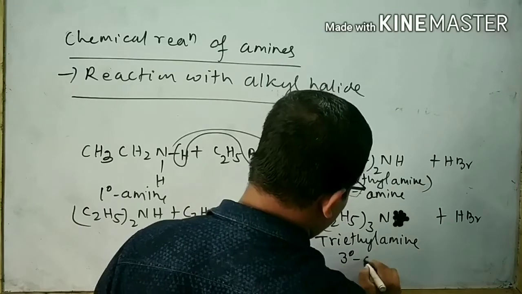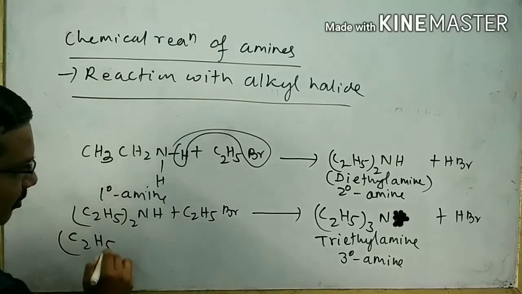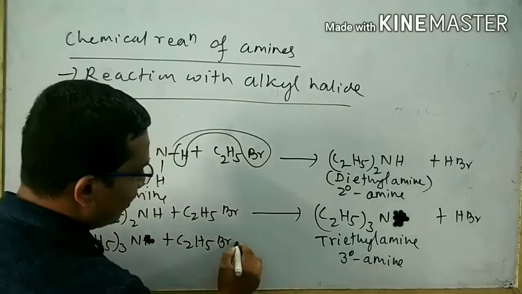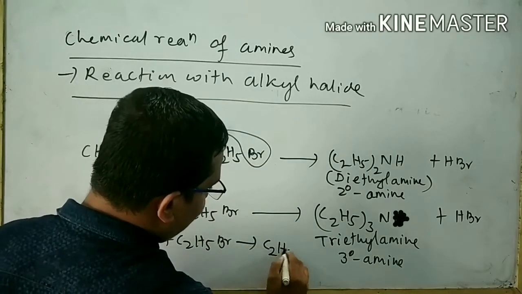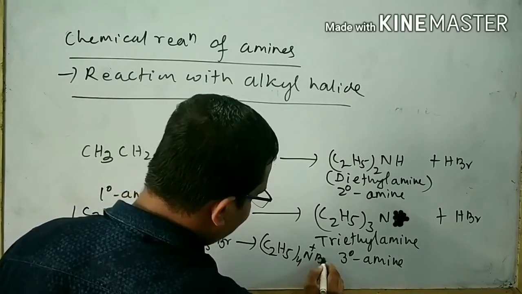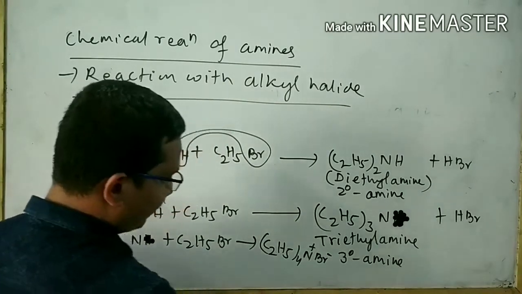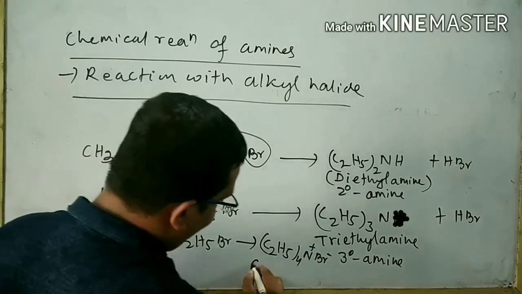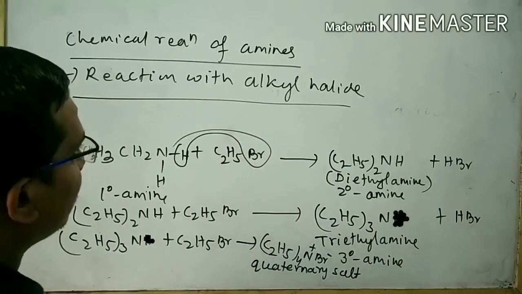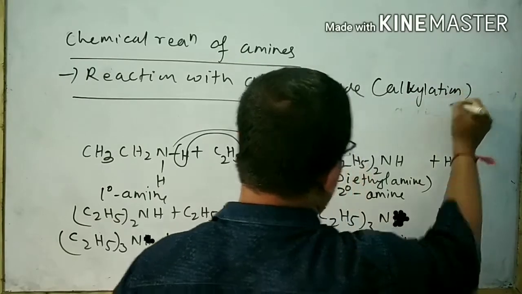It is a 3-degree amine. Again, the 3-degree amine subjected to reaction with another ethyl bromide molecule gives a quaternary salt, that is (C2H5)4N+ Br-, tetraethyl ammonium bromide. This is a quaternary salt. This reaction is called alkylation.